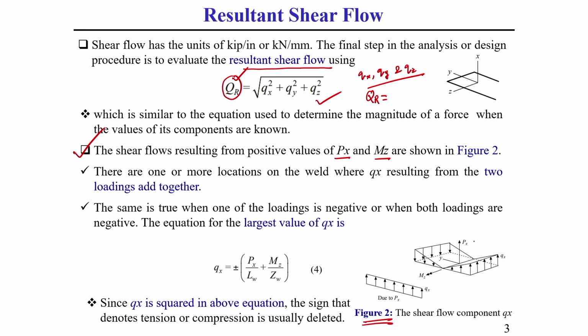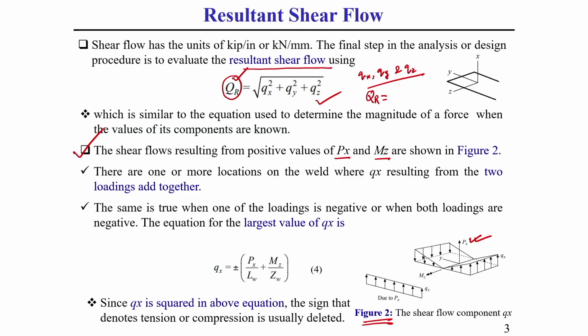I have already told you what the x direction is. The x direction is perpendicular to the weld surface, and the y and z directions are along the plane of the welds. This axis system I already discussed in the last lecture. So, x axis is perpendicular to the weld plane, and y and z are along the plane of the weld. Understand what I am telling?